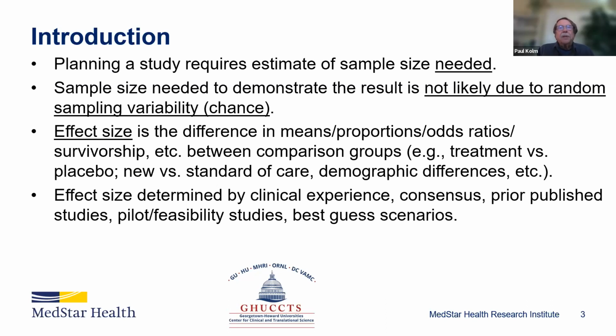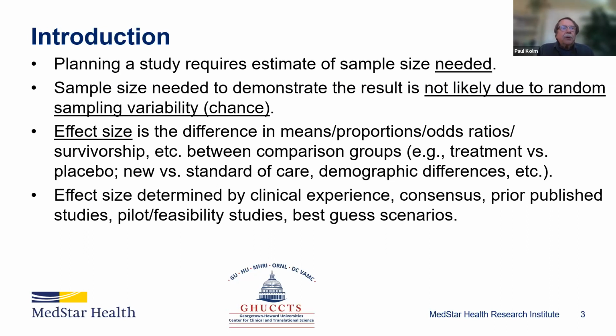And that's the difference in whatever your statistics means, proportions, odds ratios, and so on, between your comparison groups. Effect and effect size, I'm using those kind of interchangeably. Technically, they have different meanings, but that's not strictly important.